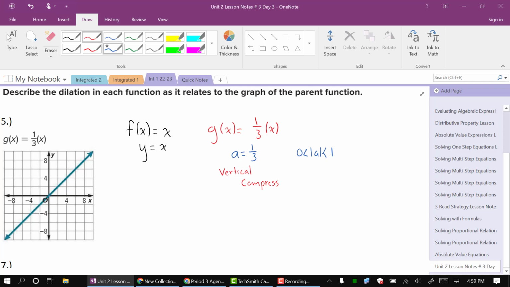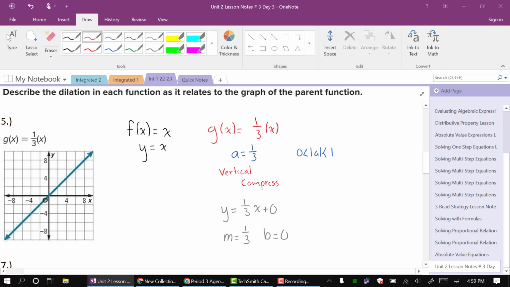So let's go ahead and plot this out. I'm going to start off with y equals 1/3 x plus 0. So my m value is going to be 1/3, and my b value is going to be 0.